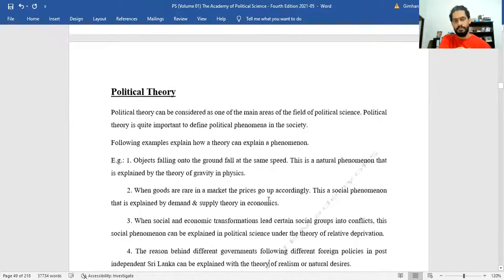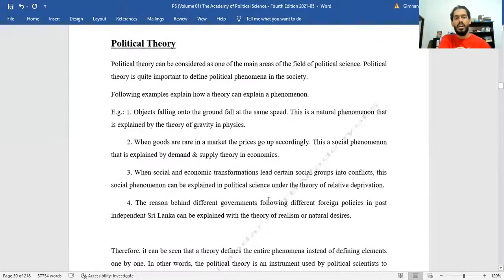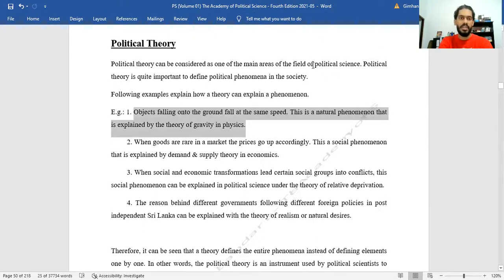Then political theory. Okay, political theories are basically theories. They explain the social phenomena we have around our society. Now, objects falling onto the ground fall at the same speed. This is a natural phenomenon that is explained by the theory of gravity in physics.